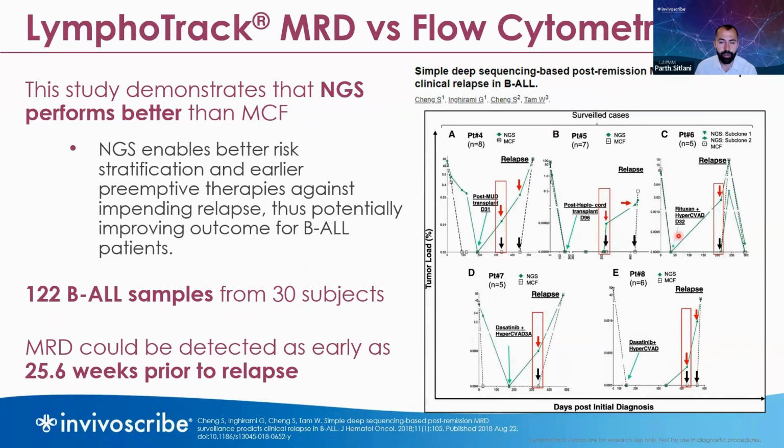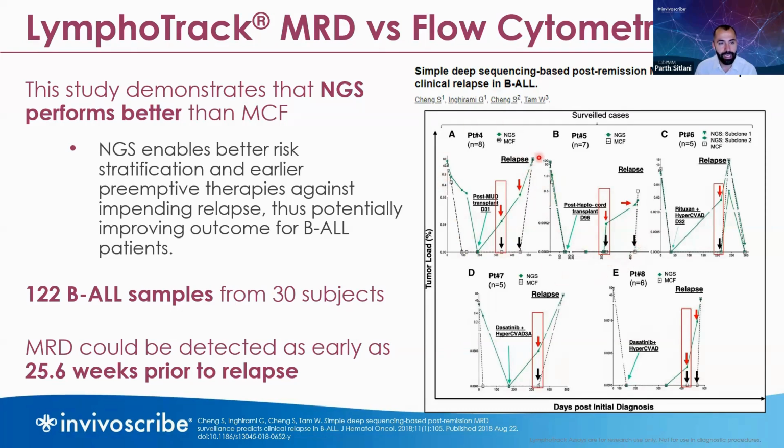And they give a really great visual here where they had their real-time results of flow cytometry here in black. And you can see that in most cases, the results were negative, negative, negative until the patient relapsed when it comes to flow cytometry.